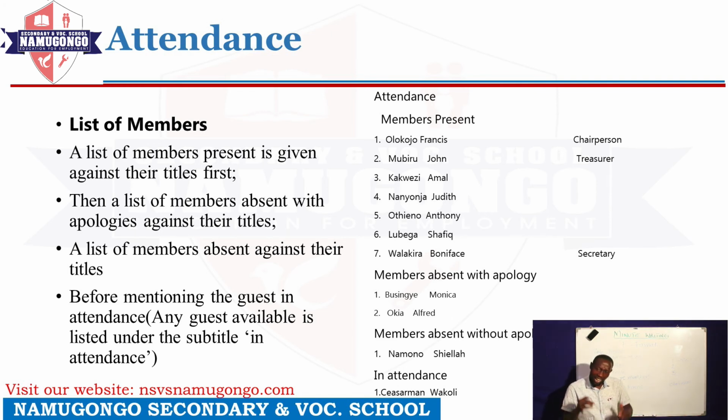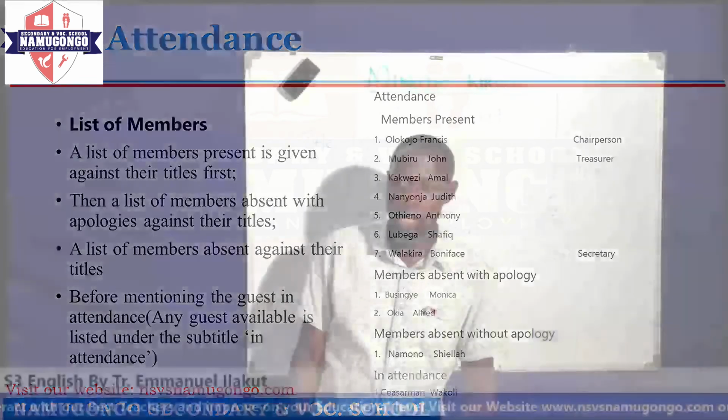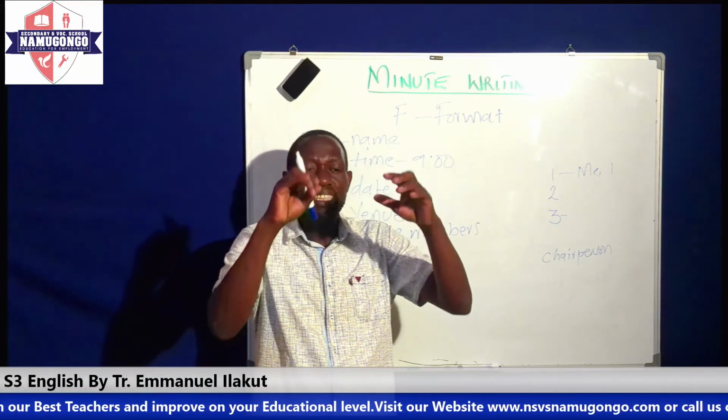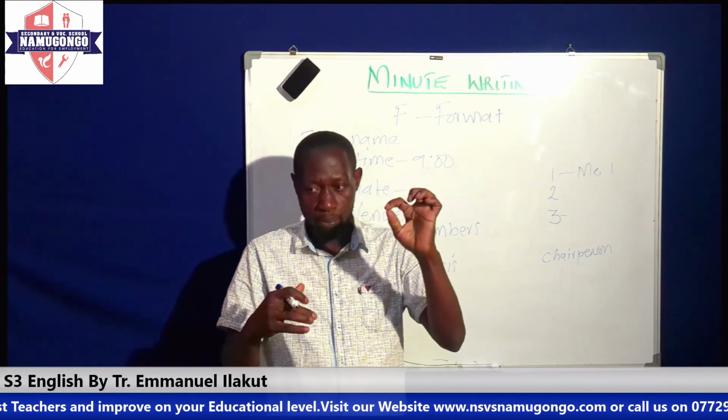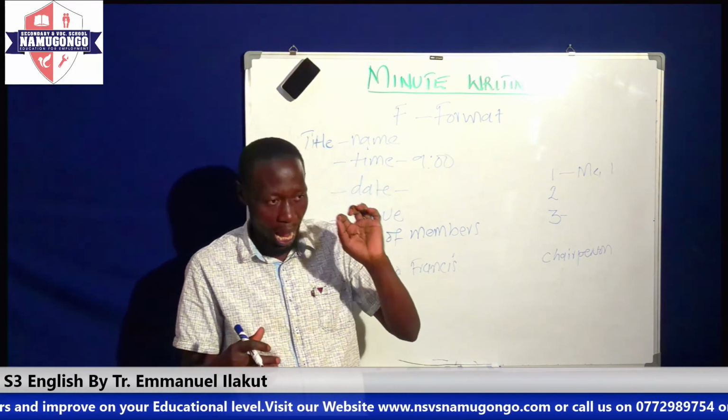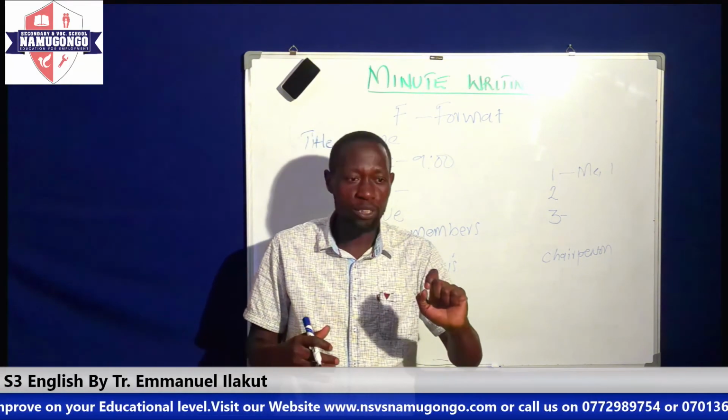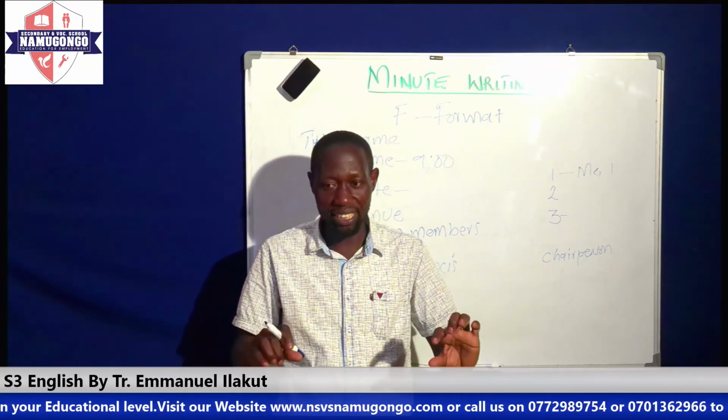And then in attendance, remember, this person may not necessarily be part of this. Maybe he or she could have been a guest. And for this case, in this sample, we are saying in attendance, we have Sizaman Wakoli. He was in attendance. Okay? So you will see that attendance has 3 parts: present, absent with apology, absent without apology, and then in attendance.